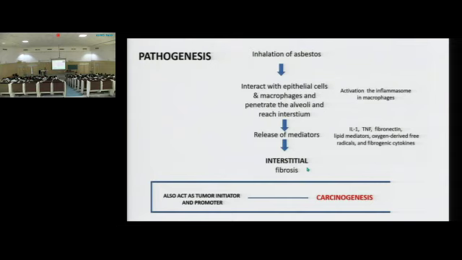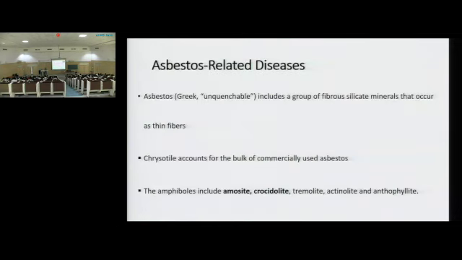After this release of mediators, there will be fibrogenesis, which ultimately leads to interstitial fibrosis. The mechanism is the same as we described in the initial part of pneumoconiosis. Everyone acts in a similar way. Also, as I told you, these are more carcinogenic. Asbestos patients develop malignancy like bronchogenic carcinoma and mesothelioma.